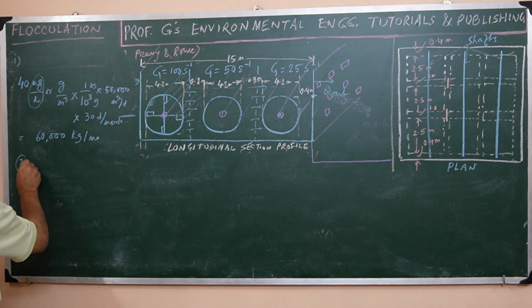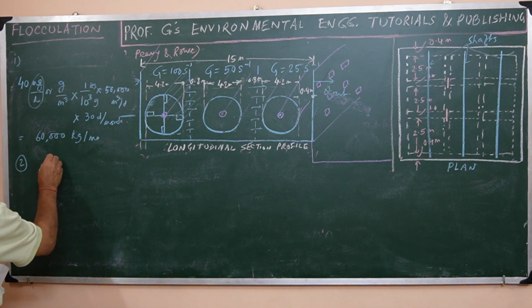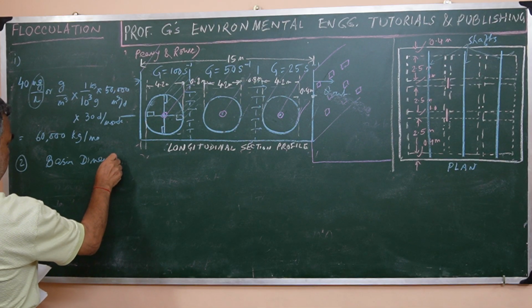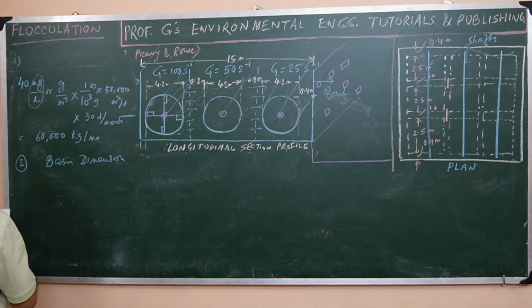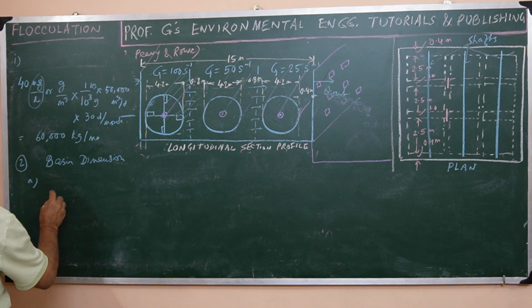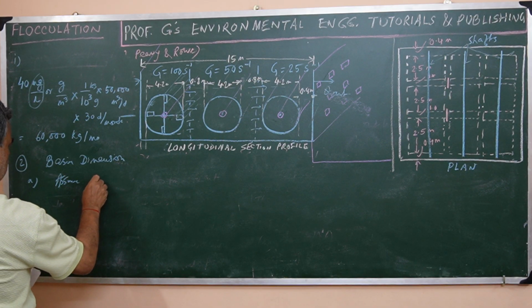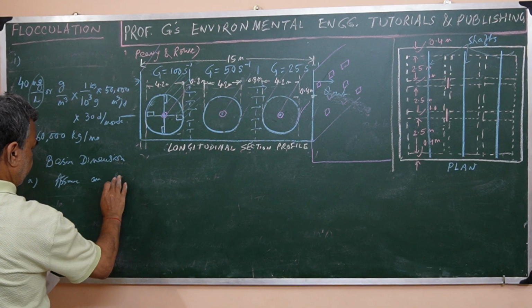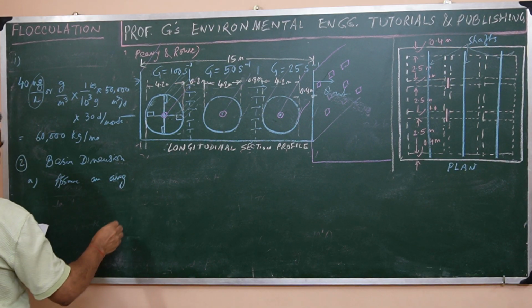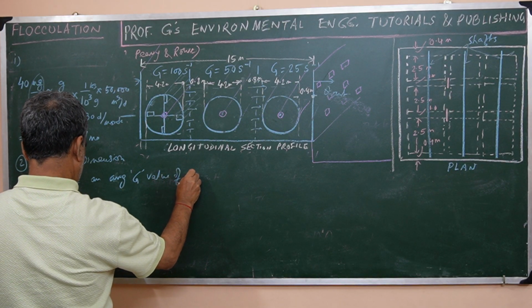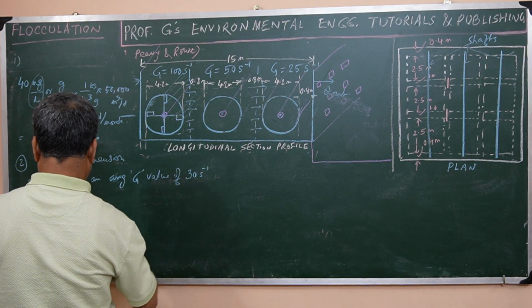Then the second thing is the basin dimension. So this would be basin dimensions. Now see here, step A, say. Assume an average G value of 30 second inverse.